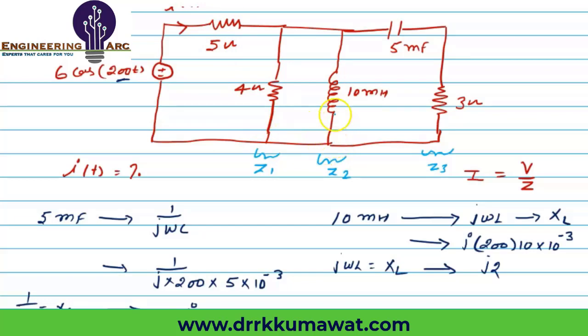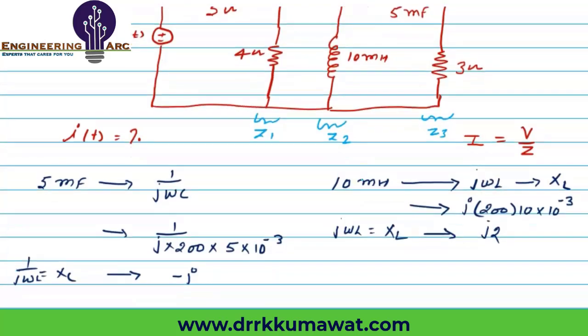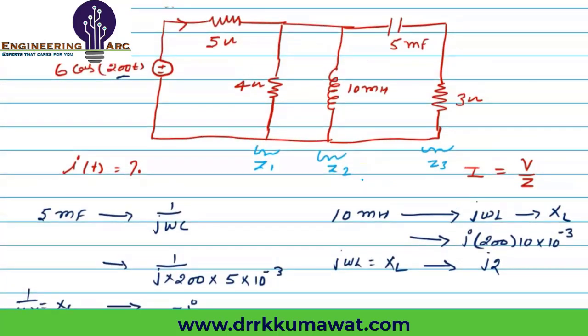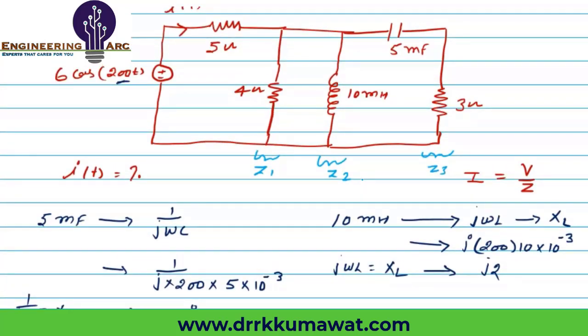We can calculate the impedance of each branch, Z1, Z2, Z3, or we can calculate the admittance of the system.